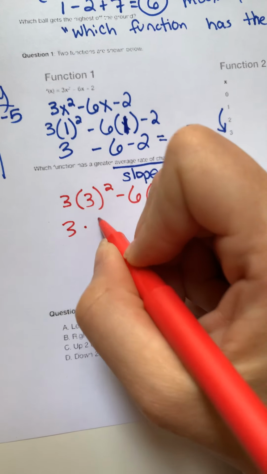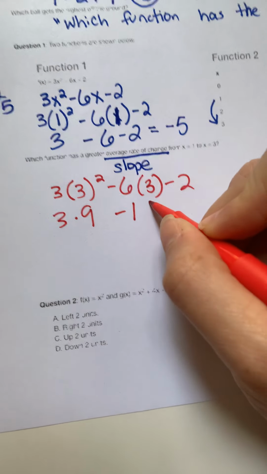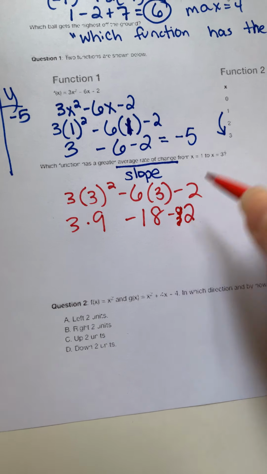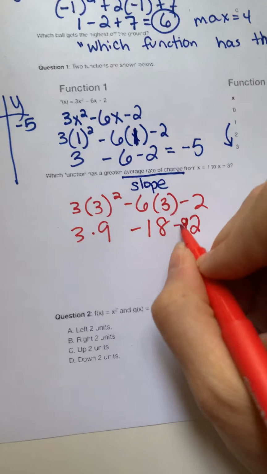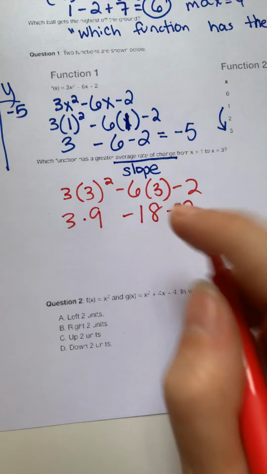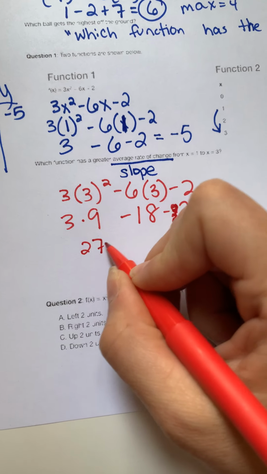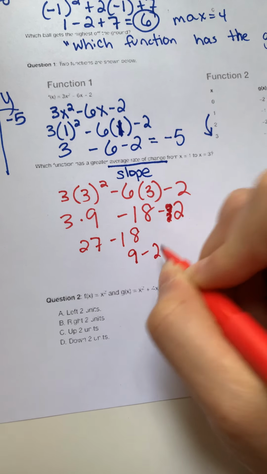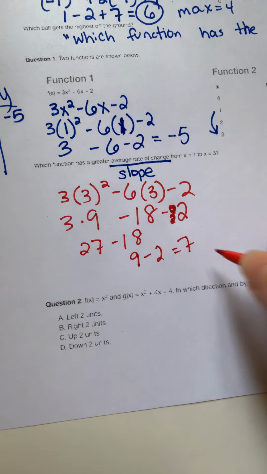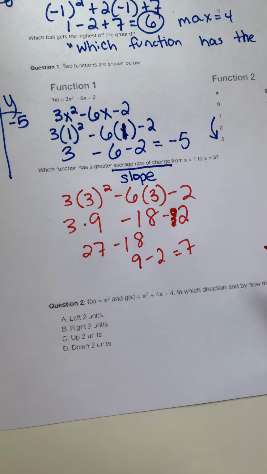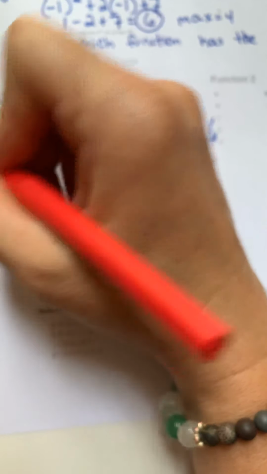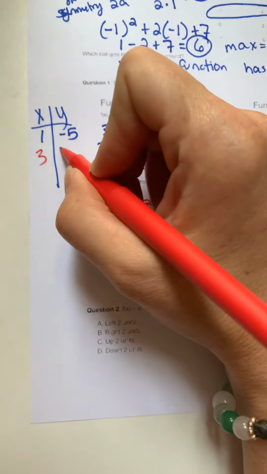All right, 3 times 9 minus 18 minus 2. Sorry, I'm like miswriting everything today. So that's 27 minus 18, which is 9, minus 2 is 7. So when x is 3, y is 7.